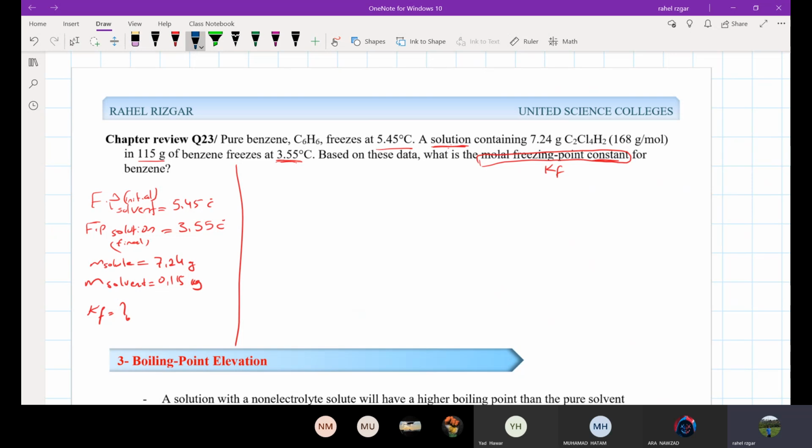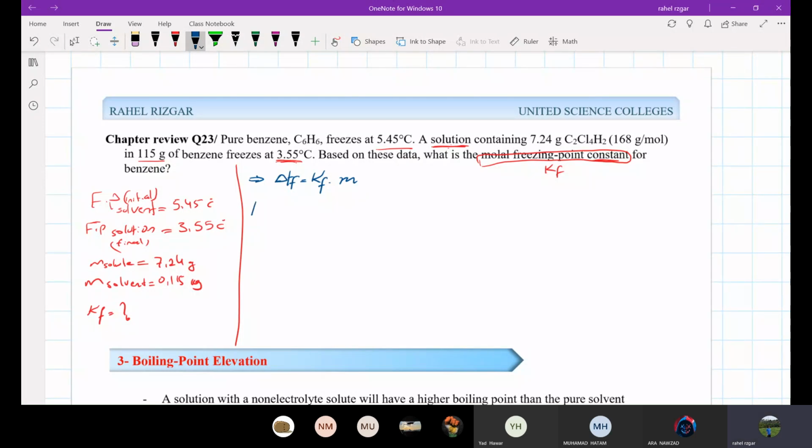The only equation that contains Kf is this equation: delta Tf is equal to Kf times molality.